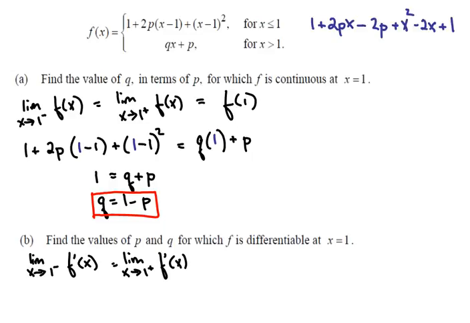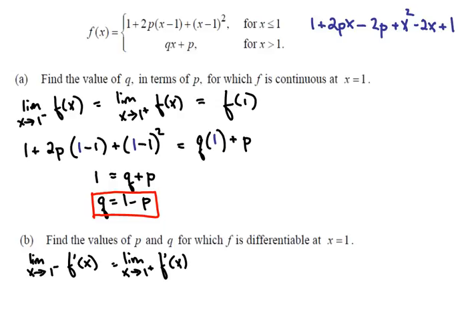And the first thing I do is, up in the function definition, I expand out the left branch. And from that, I would find the derivative using a series of power rules. The derivative of the left branch as x approaches 1 is going to be: the derivative of 1 is 0.